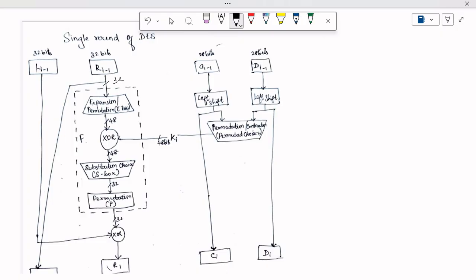That is taken care of by permuted choice 2. So the output of permuted choice 2 will be 48 bits, right? And the output after the left shift is given as input to the next round.